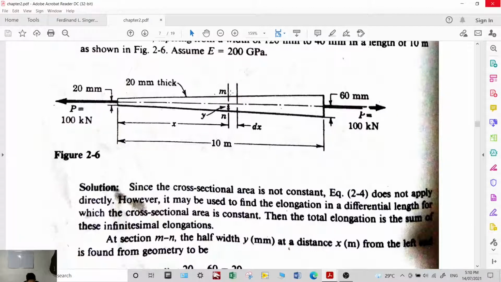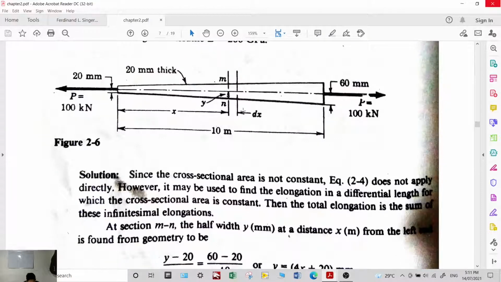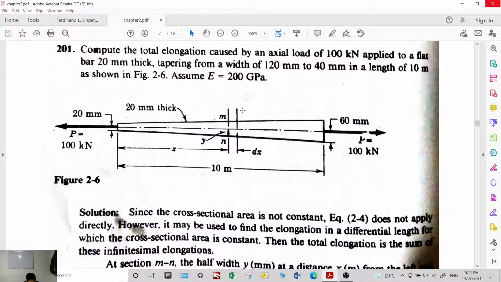If you take a small strip here, you can approximate it as rectangular, so it is like a constant cross-section. Its length is dx. And then we will sum up all strips from 0 to 10, and you can get the total elongation.